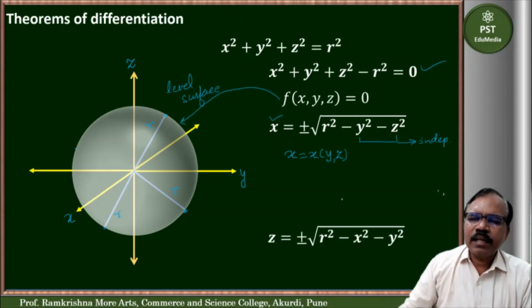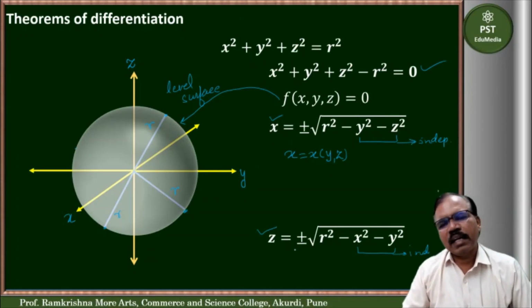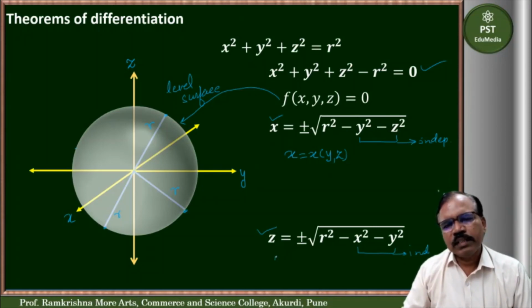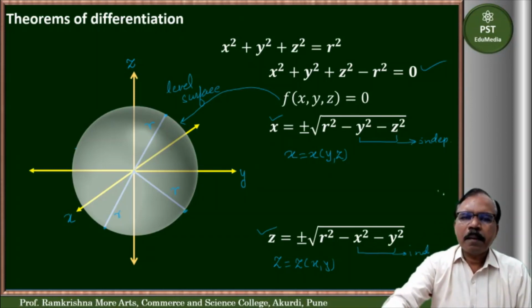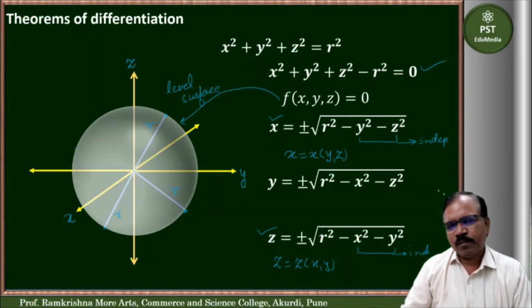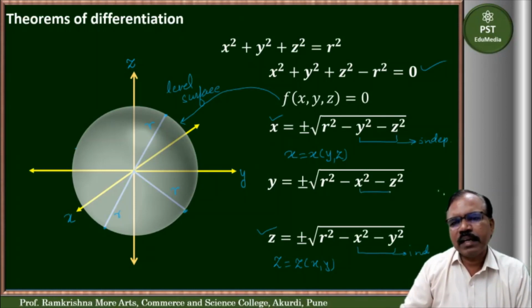Suppose we take x and y as independent. Then we can obtain z from x and y, so z is a function of x and y. Suppose we take x and z as independent.